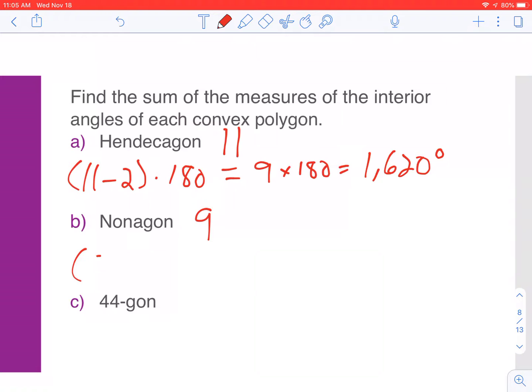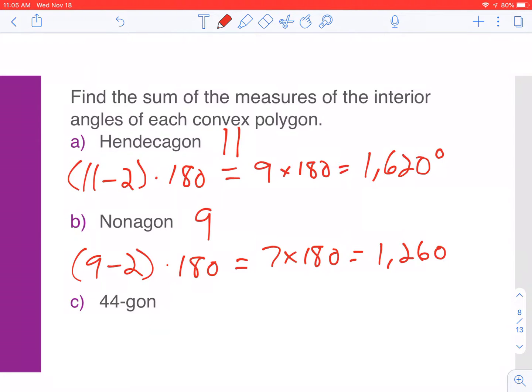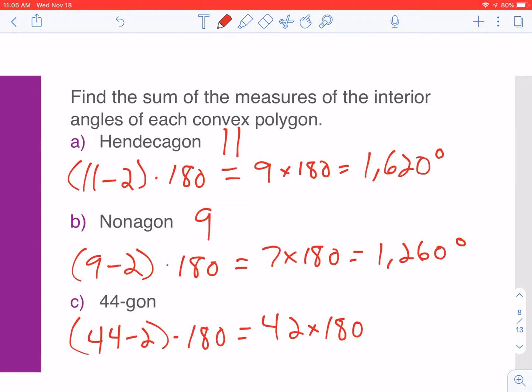Nonagon, 9 minus 2 times 180 equals 7 times 180 equals 1,260 degrees. And then 44gon is set up like this. 42 times 180 equals a very big number, 7,560 degrees.